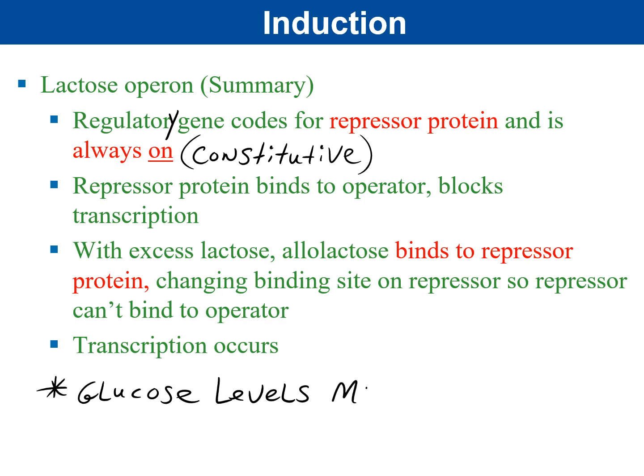And this is because glucose is a simpler sugar, and the cell will sense glucose if it's there and preferentially break down that monosaccharide as opposed to using the lactose operon as we're studying here, because lactose is a disaccharide milk sugar. So that's an important point to keep in mind as well, is that glucose levels must also be low in order for this operon to function properly.